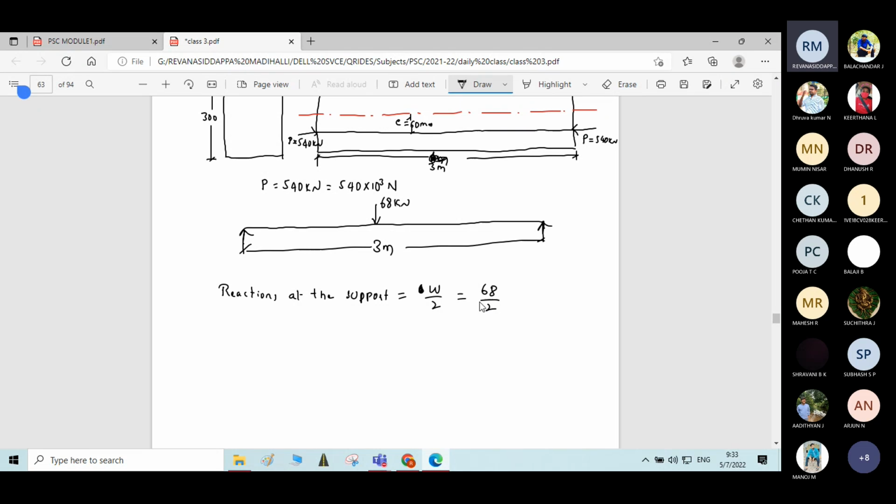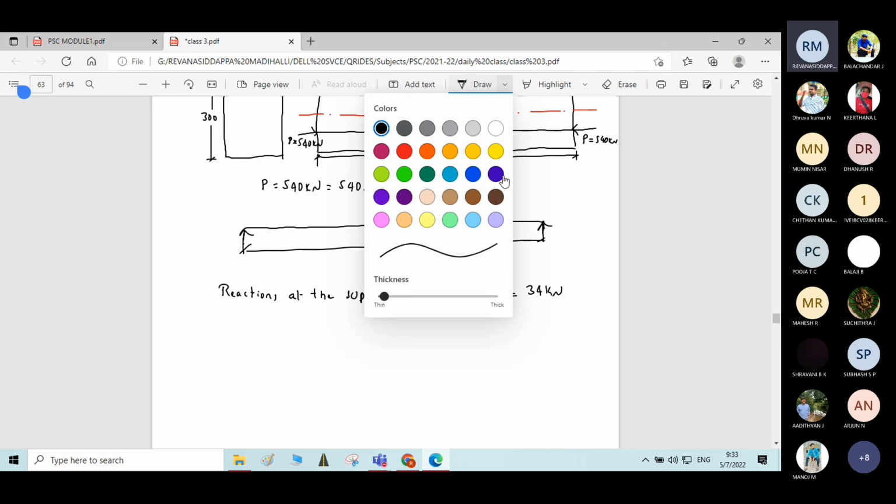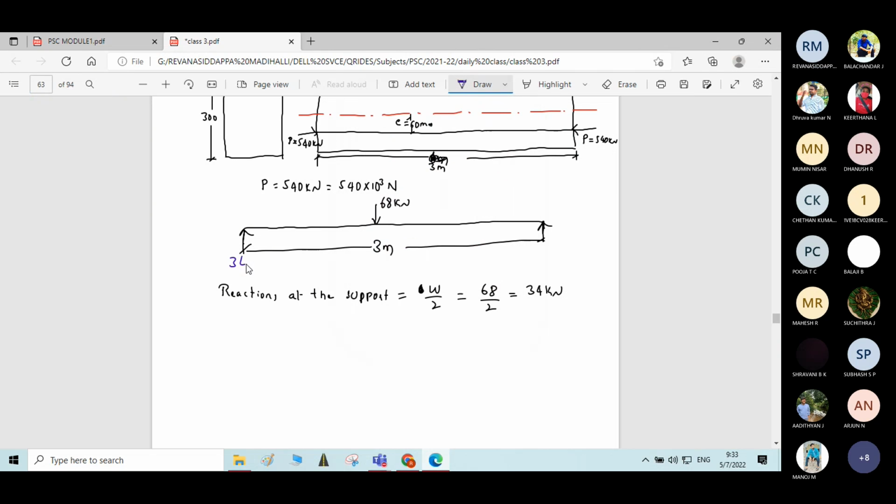Or else, one more way is by applying the equilibrium equations, sigma Fy equal to 0, sigma M equal to 0 and sigma Fx equal to 0, you can get the reactions. As the loading is symmetric, directly it will be total load divided by 2 on both sides. So 34 kilonewton and 34 kilonewton.